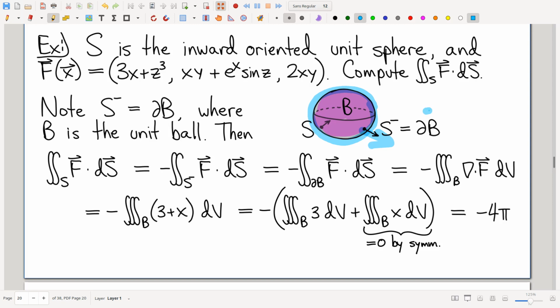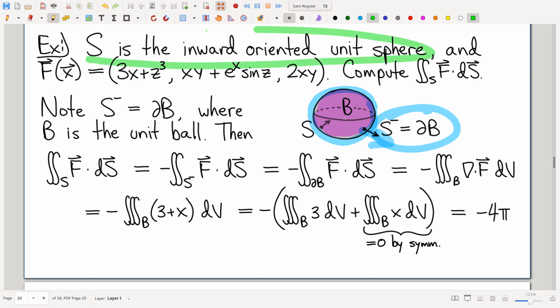And it just happens to be that that boundary is exactly the opposite of what we were asked. We were asked for, coincidentally, the same sphere, just oriented inward. And so it's just a kind of a lucky break. Does that make sense? Okay.